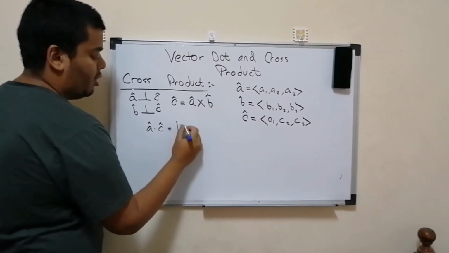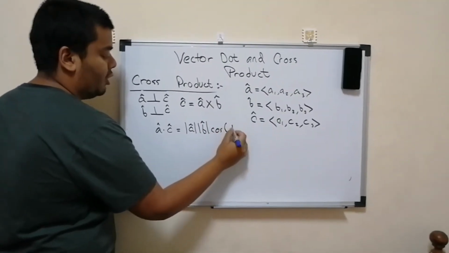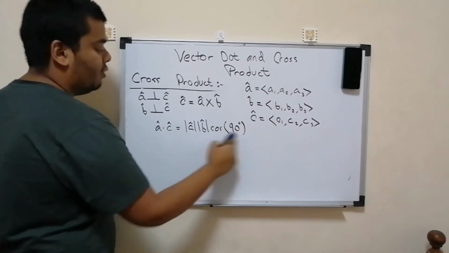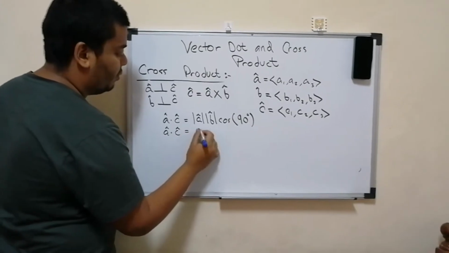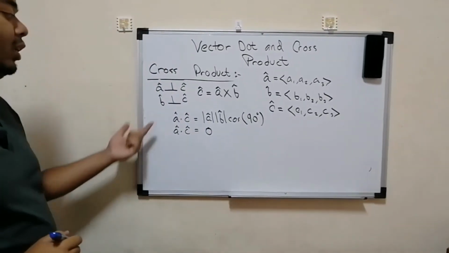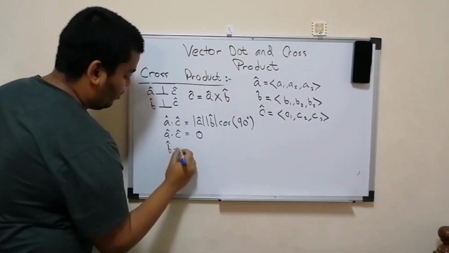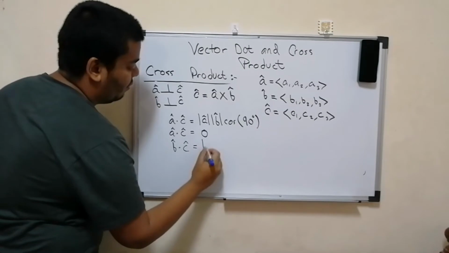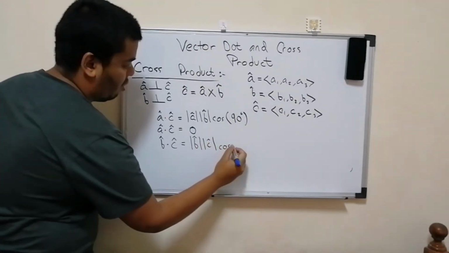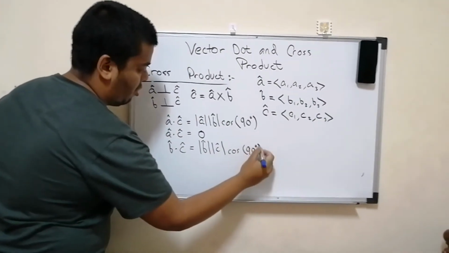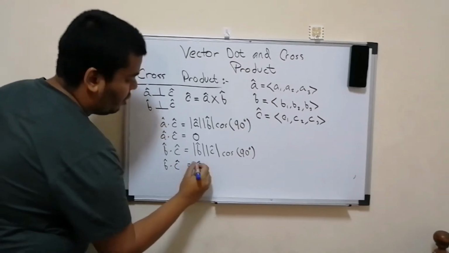It will be the cos of 90, right? The cos of 90 will make it 0, so vector A dot vector C will be 0. The same thing goes for the dot product of vector B with vector C, which is zero.